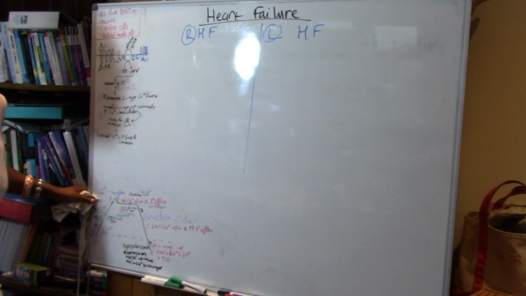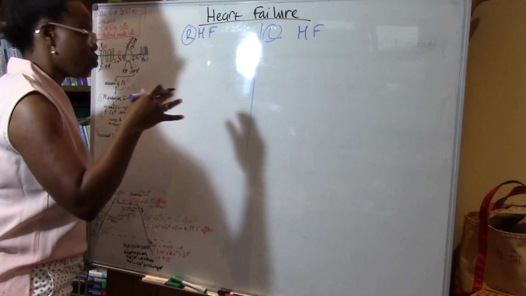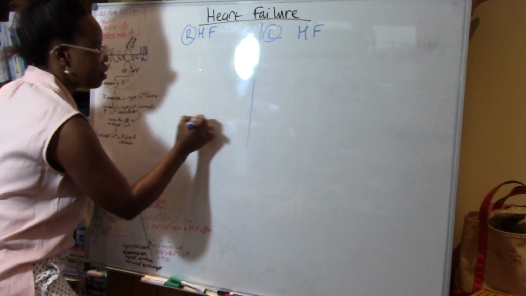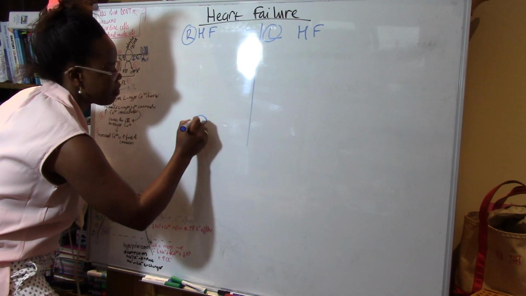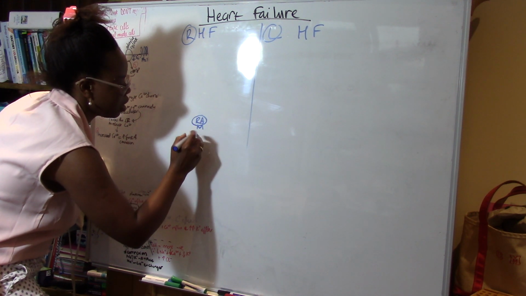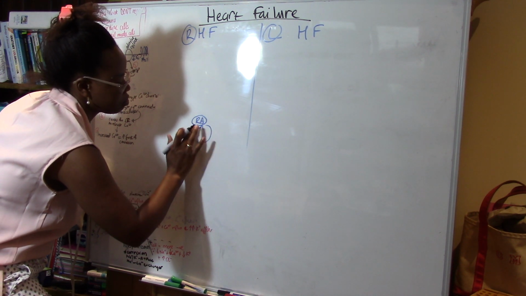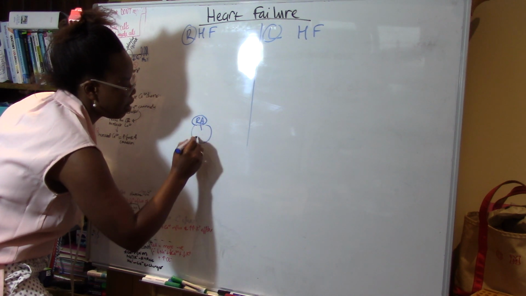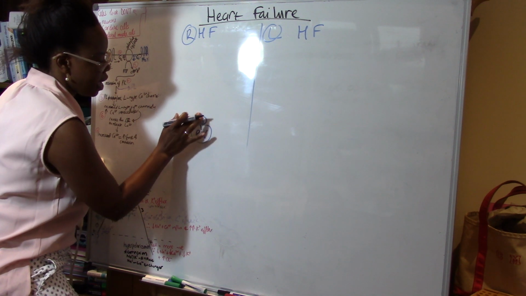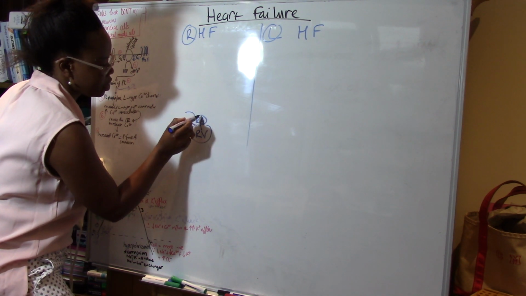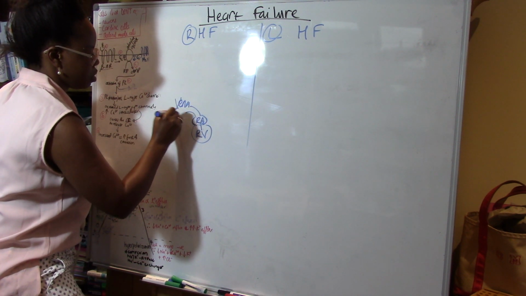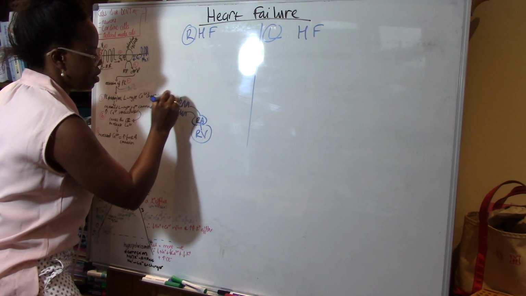So right heart failure, really, if we were to go back to how the heart works as a pump, we will remember that on the right we have the right atrium, tricuspid valve, and right ventricle. And the right atrium receives its blood from the vena cava, superior and inferior.